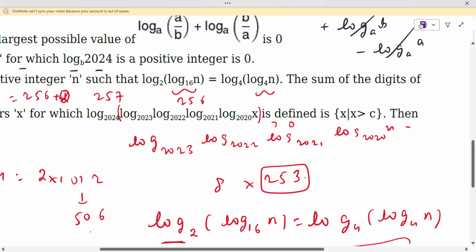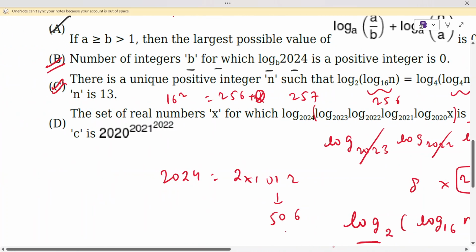This particular thing should be greater than 1. Now this will go, so it is 2023 there. Now this will go to power 2022 there. Now 2021 will be there. Now 2020 is there. So 2021 raised to the power 2021, 22, 23 will be there. So I guess 2023 is missing there.